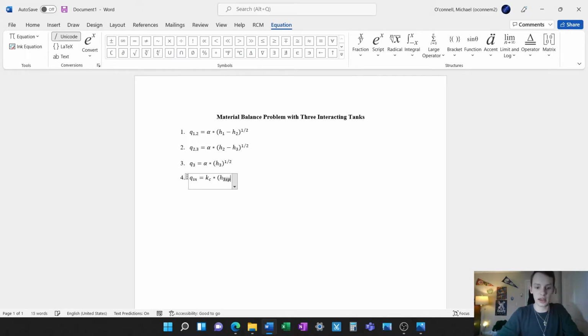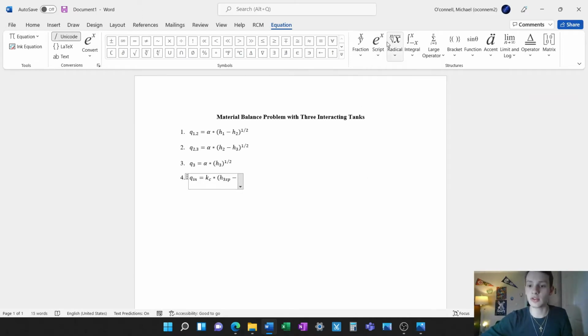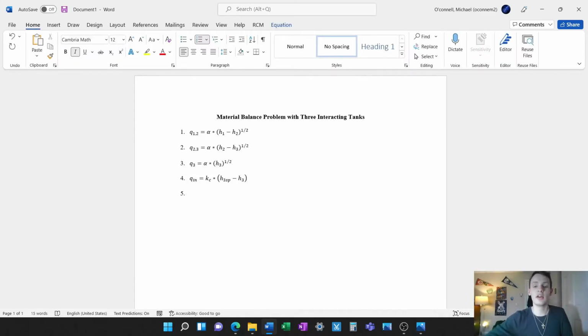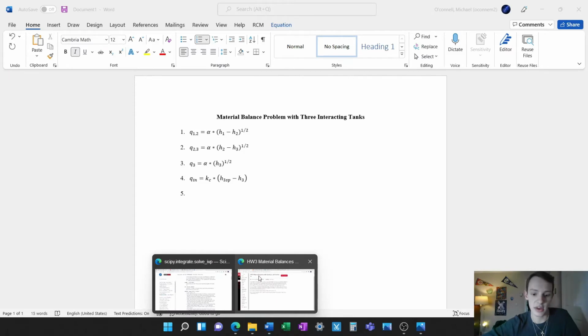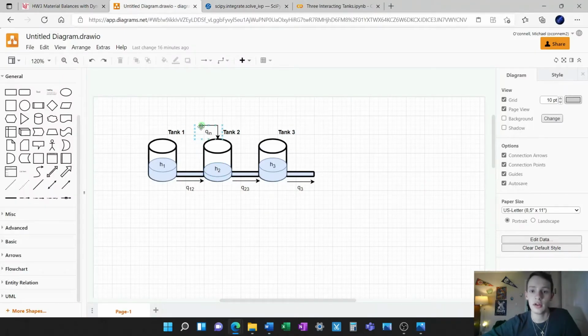We'll call it H3SP because it's the third tank that the set point is for. And then its actual height, which is going to be H3. Okay, perfect. So now we have 4 equations. We have an equation for each flow rate that we have in our diagram here. So that is an excellent start.